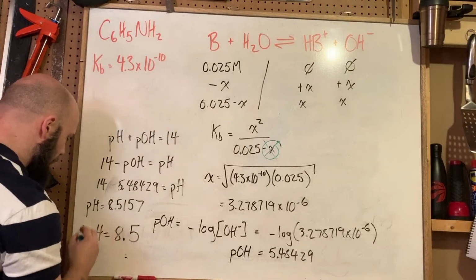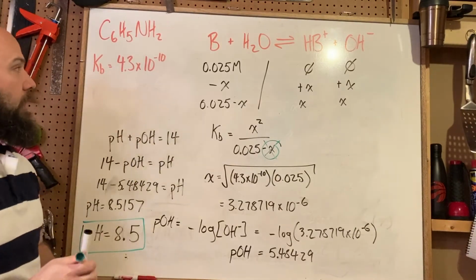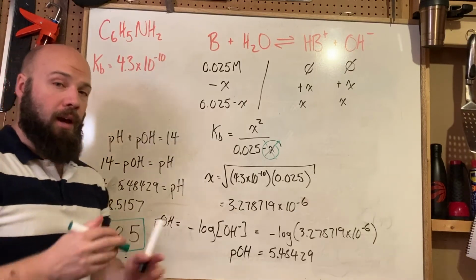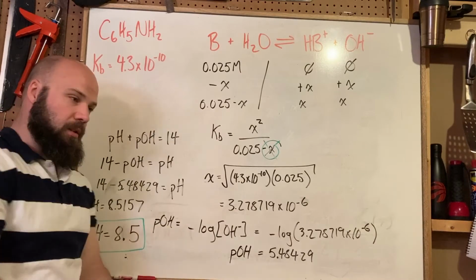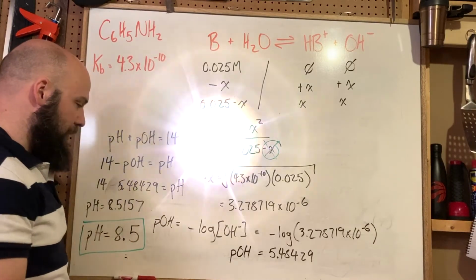And that's your pH for a 0.025 mole per liter solution of aniline. This makes sense. Aniline is a base, so the basic solution is above 7 for its pH.